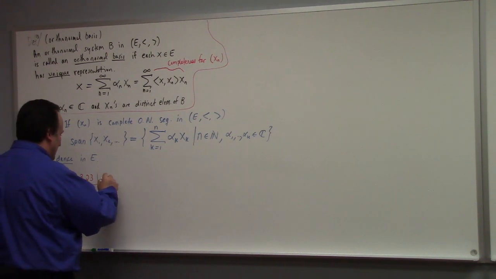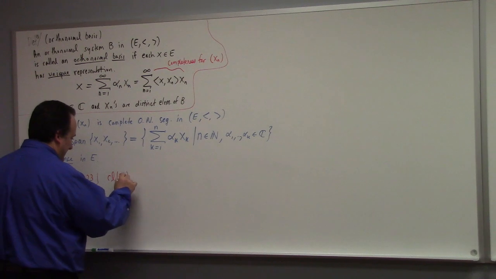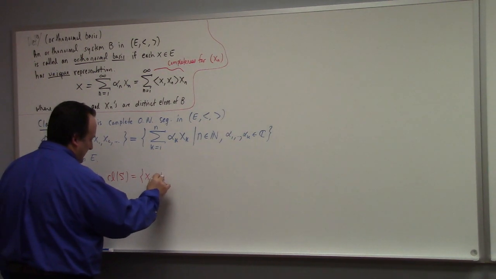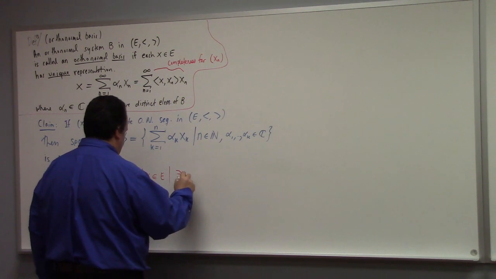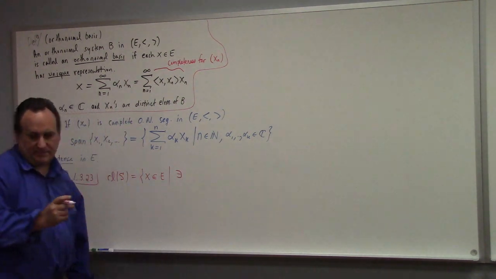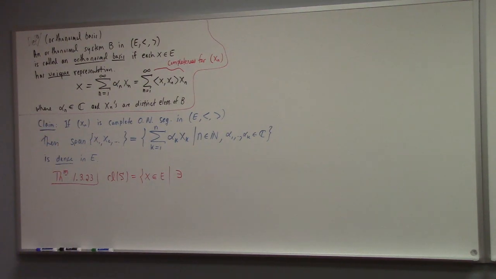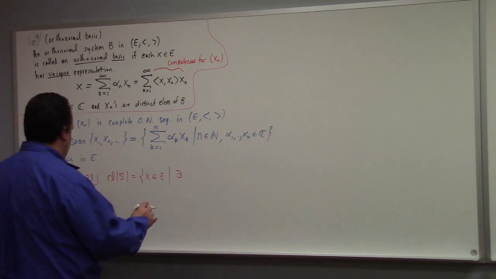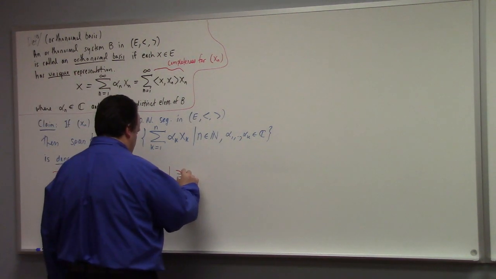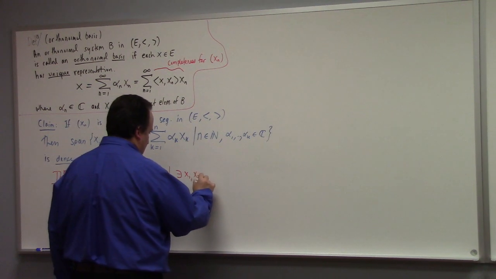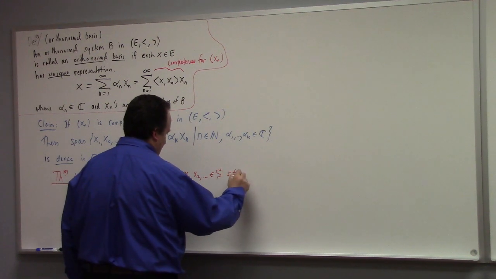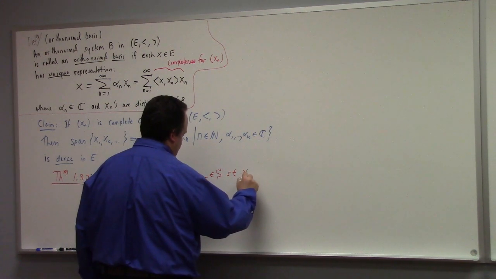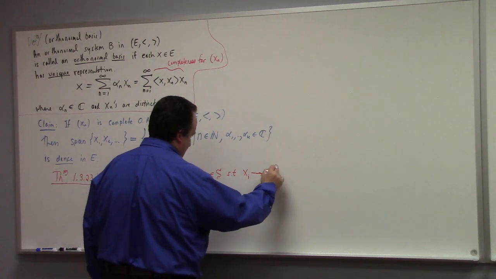This says the closure of S is equal to the set of x in E such that there exist x1, x2, ... in S such that xn goes to x.